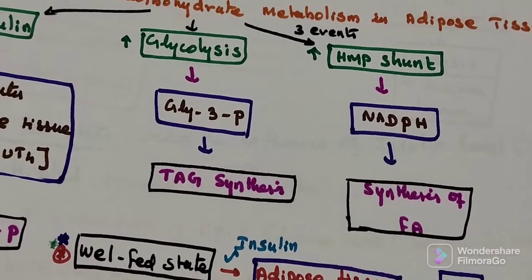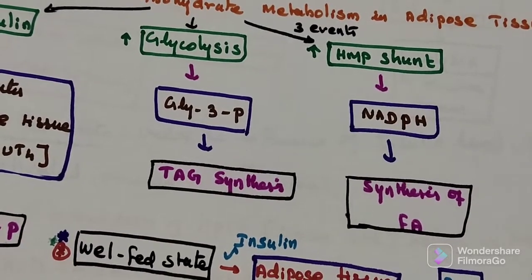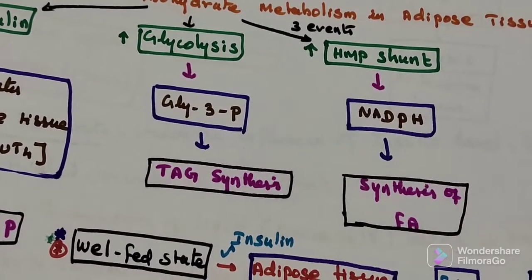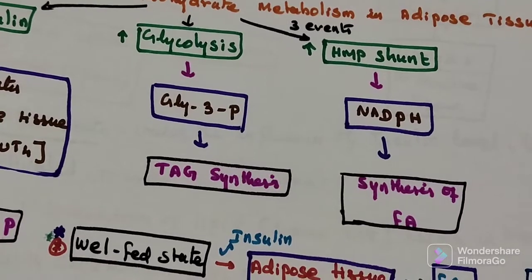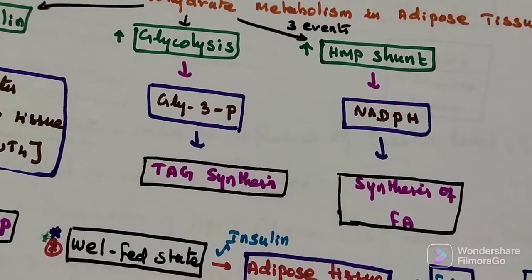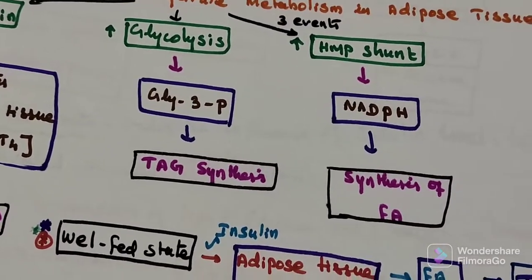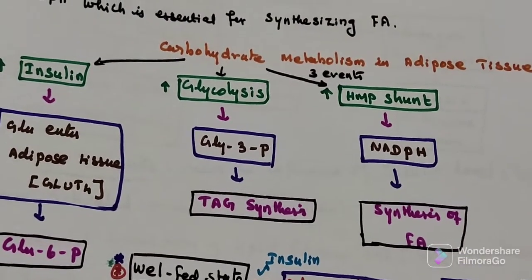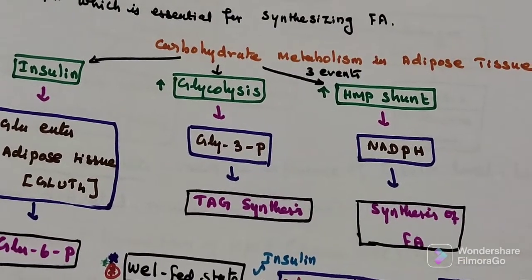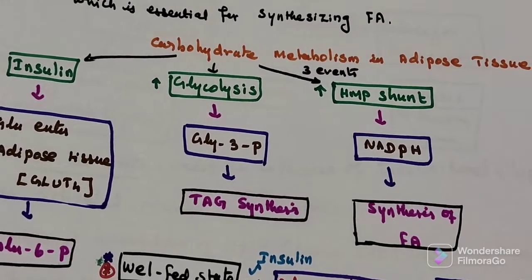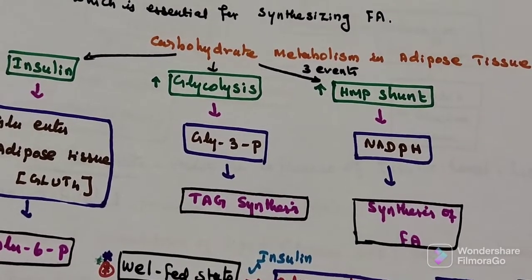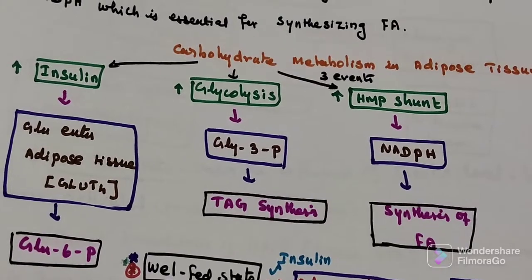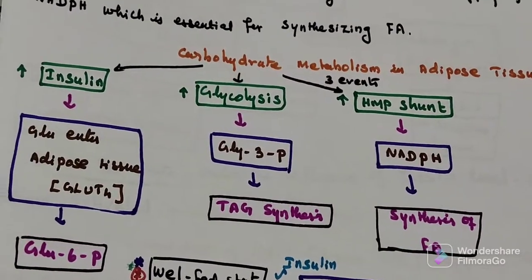In the well-fed state or post-absorptive state, after we consume and digest a meal, glucose and amino acids are transported from the intestine to the blood. The dietary lipids are packaged into chylomicrons and transported to the blood by the lymphatic system.